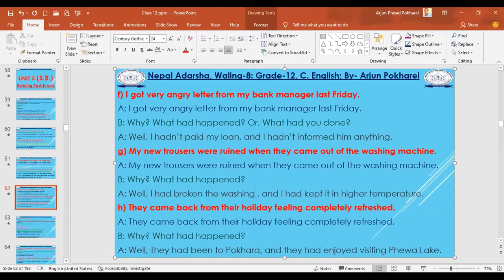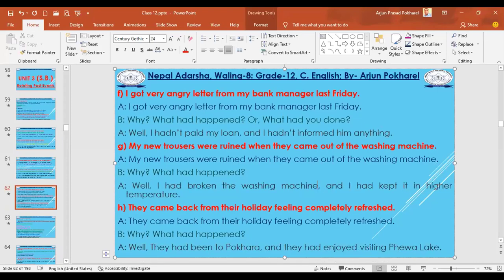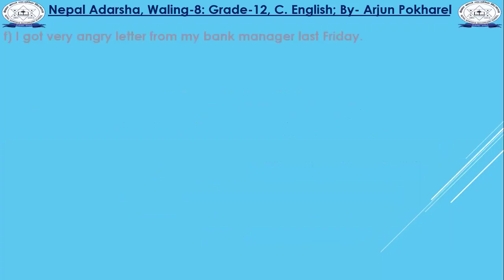I had broken the washing machine and I had kept it in higher temperature. Now you won't get confused. Okay, now let's say you can give your answer in this way.